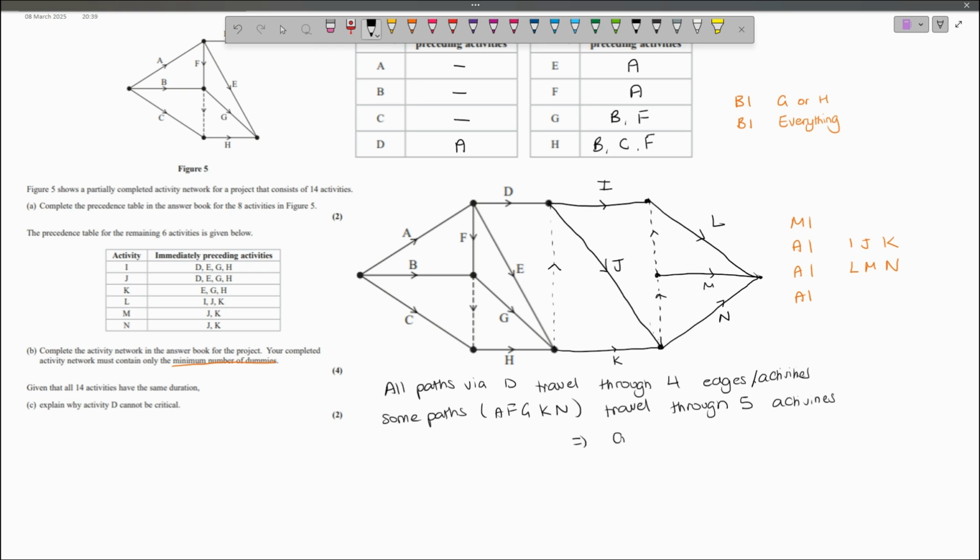Which implies that a critical path must contain at least 5 activities. So any path going through D, I can delay one of the activities by the duration of an activity and still complete the project on time. So D cannot be critical.